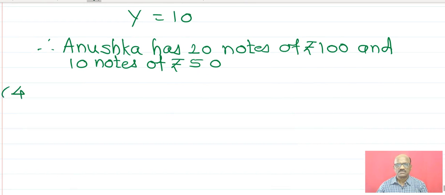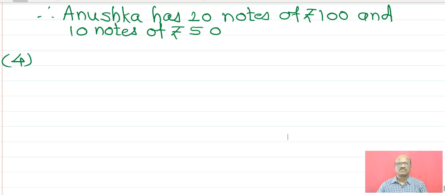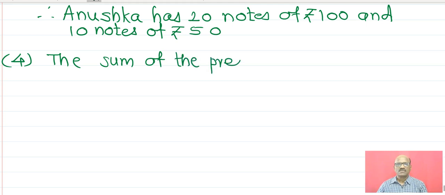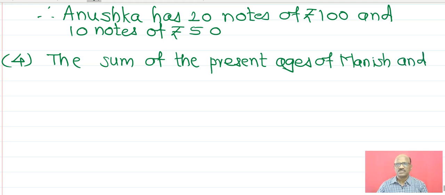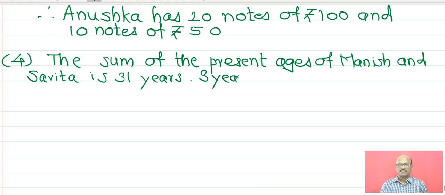Next, number 4. The sum of the present ages of Manish and Savita is 31 years.